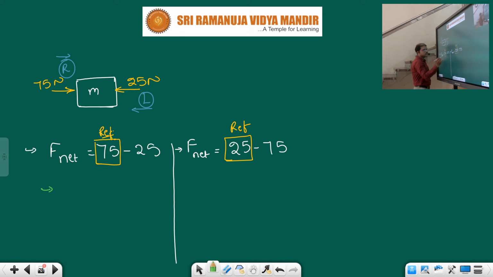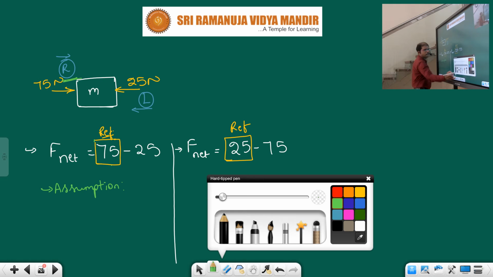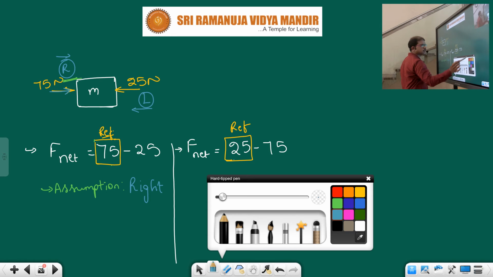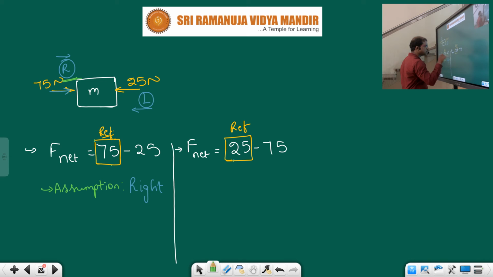So what is our assumption, children, in this case? We have considered 75 minus 25, so we are taking 75 as the reference. We are assuming that the block is moving towards the right side, the direction in which 75 newtons is acting. Towards the right side, no? Next, when you are taking 25 minus 75, what is our assumption?